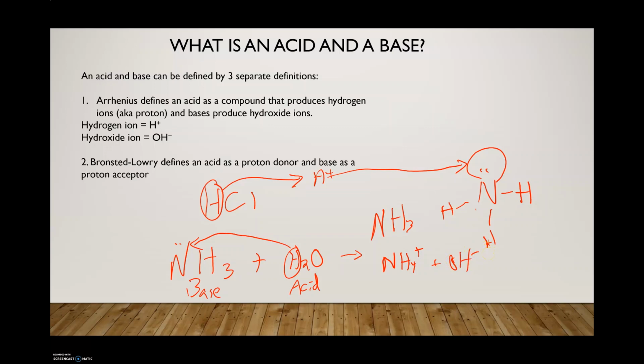Now, when we work with Bronsted-Lowry, we also have to think about conjugates, because we're going to form a conjugate base and a conjugate acid. So when we look at NH3 being a base, NH4 is the opposite of it, so you form this pair, and that means that the NH4 plus 1 is a conjugate acid.